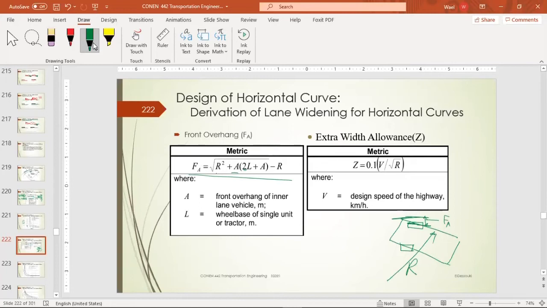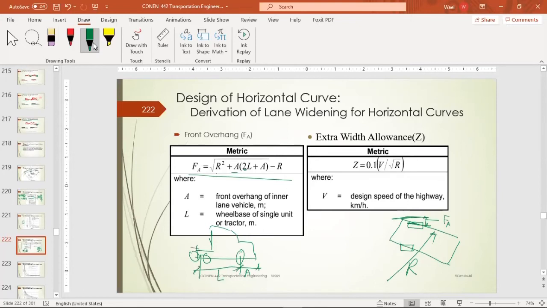So if we have a trailer like this, that's the front wheel. So this is A, and this is L.